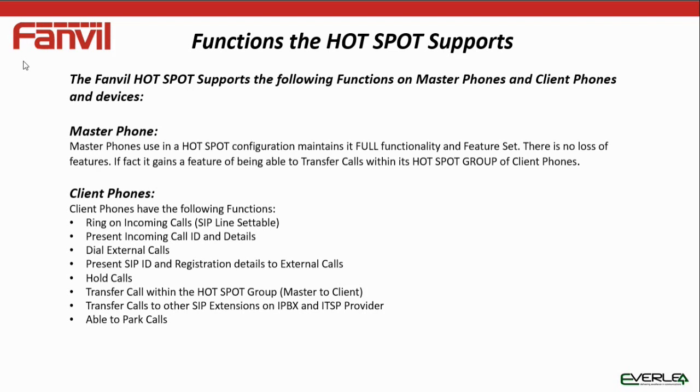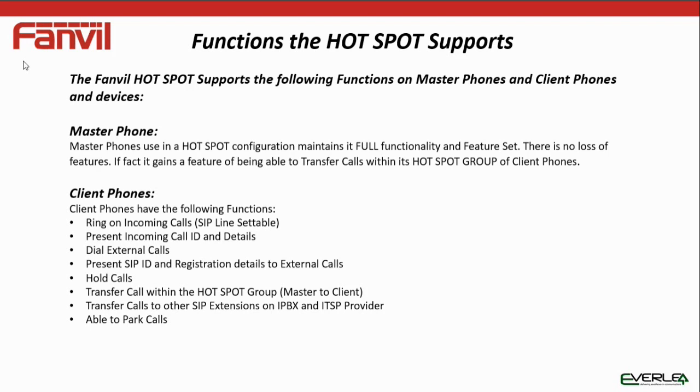So how that works is that when you set up your clients and your master phone together, as you register them, they will take on personas. If I've got extension 201 as the master, the master phone will be 201_0, the first client will be 201_1, and the next one will be 201_2.